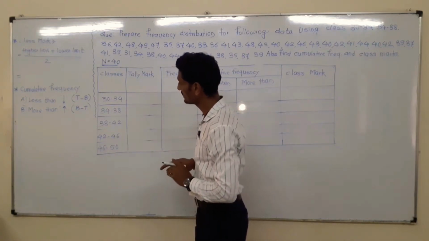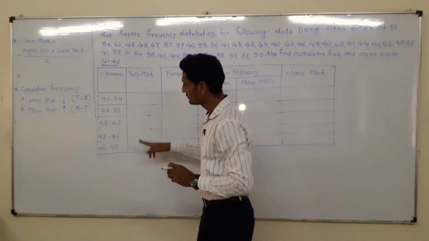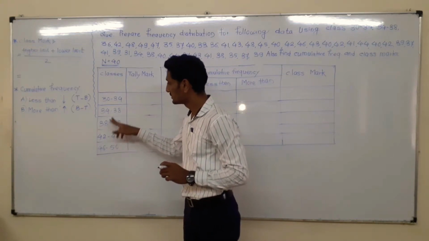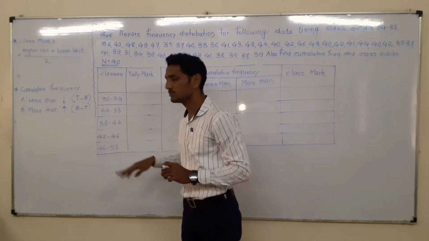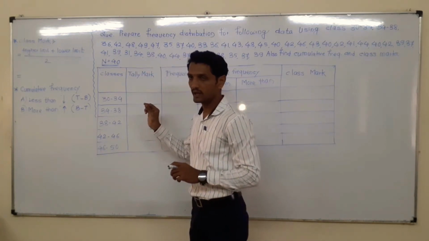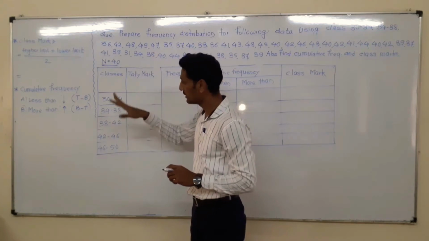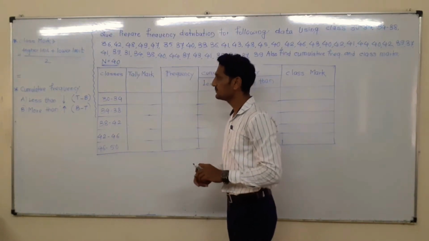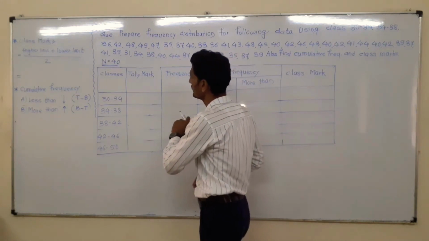Now suppose the question asks for 38, 42, 46, or 34 and 46, which lie in two classes. We have to draw a line for that number either here or here. You will see that when I use it.